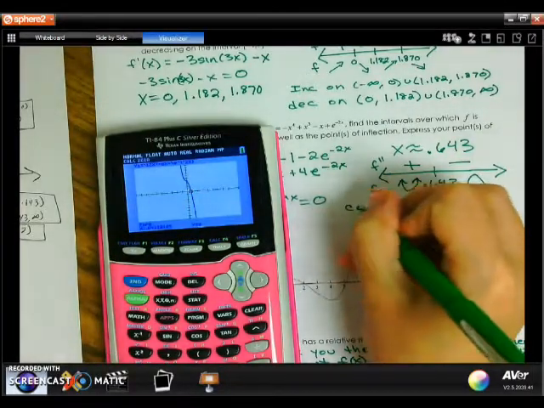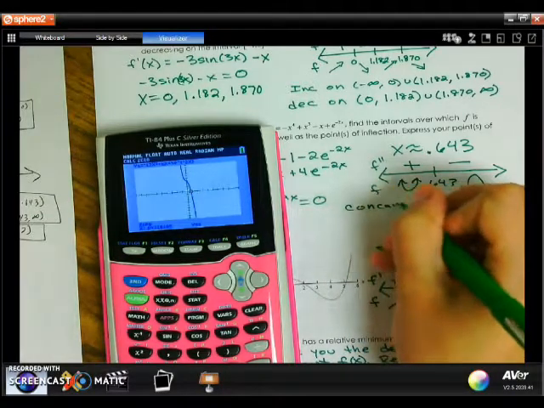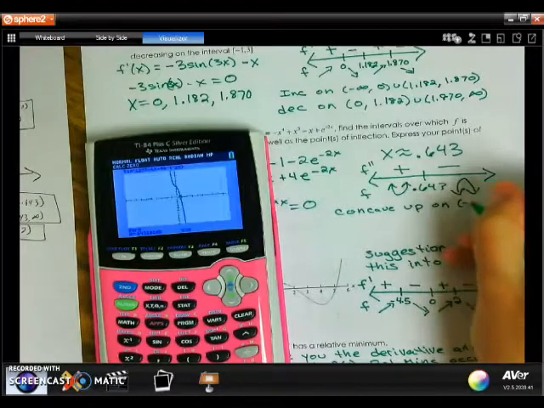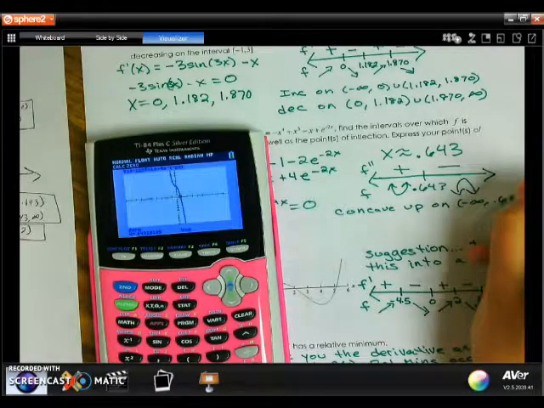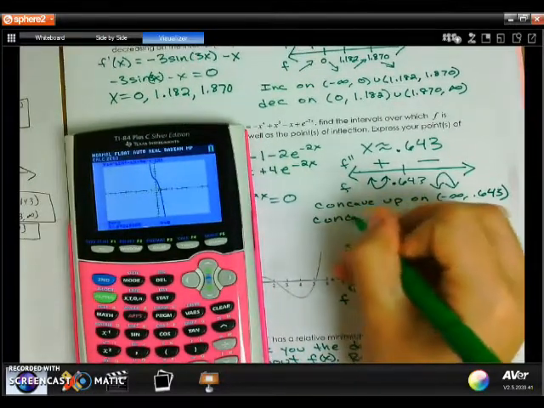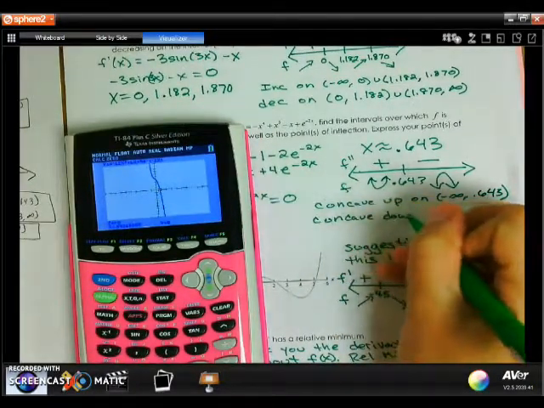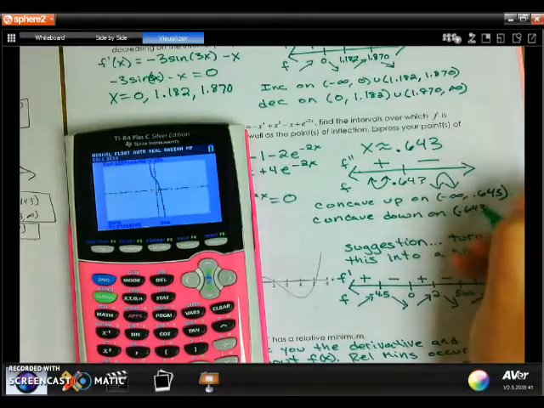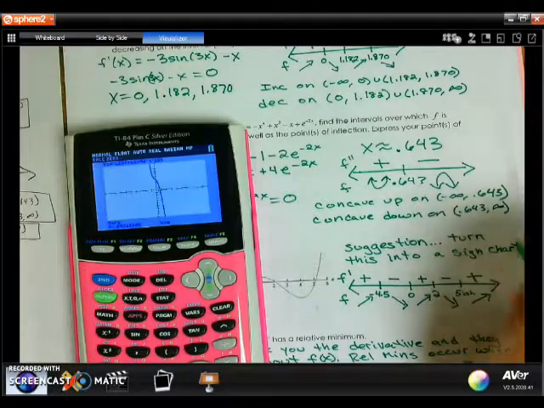So I can conclude that it is concave up on the interval negative infinity all the way to that 0.643 number. And I can also conclude that it is concave down on the interval 0.643 to infinity.